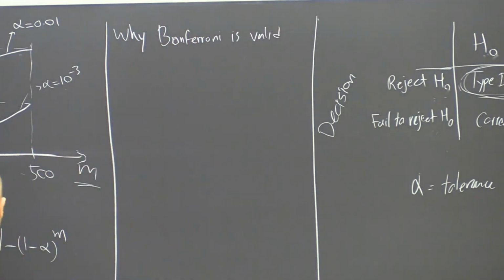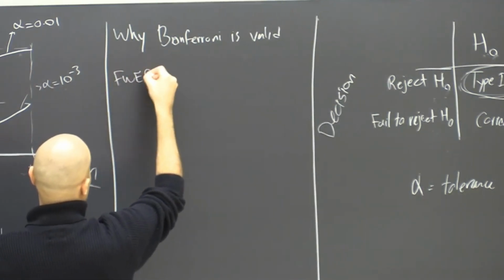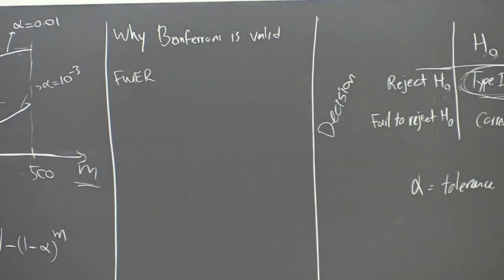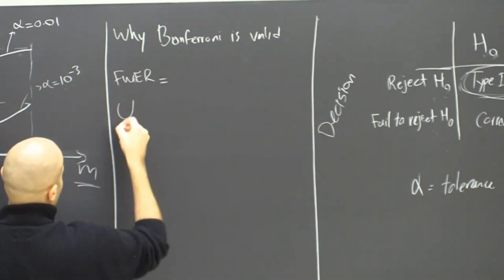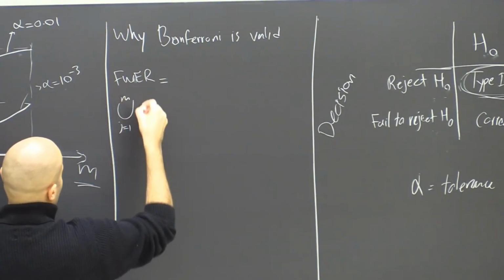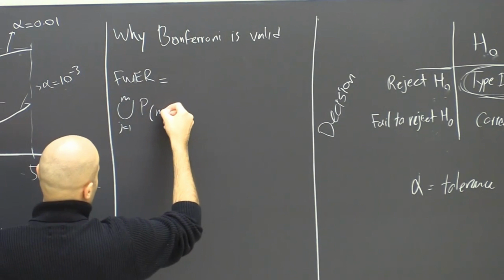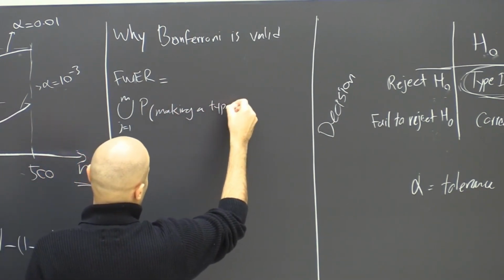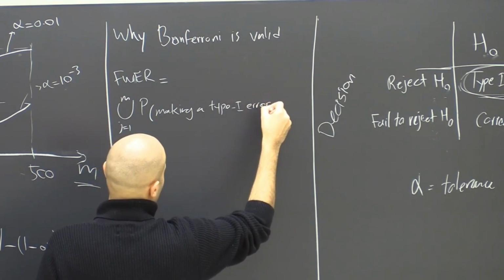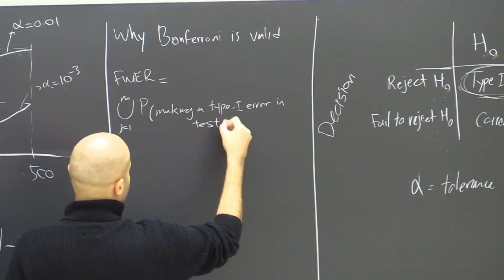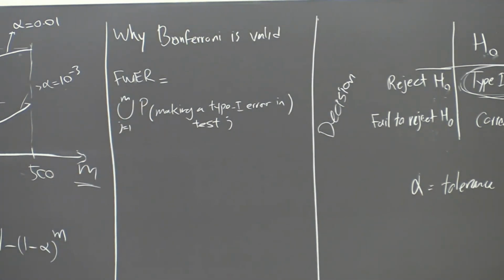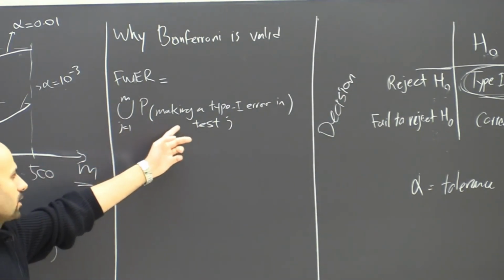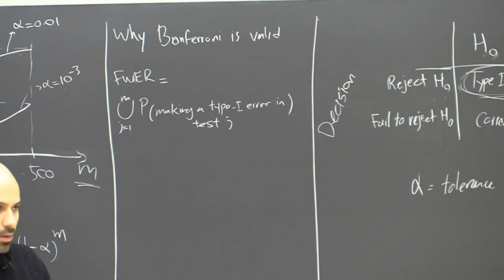Why is the Bonferroni correction valid? The family-wise error rate is the probability of making at least one type 1 error. So it's equal to the union of these events, making a type 1 error in test number J. If you are concerned about the probability of making at least one type 1 error when conducting m tests, that's equal to the union of making a type 1 error in test number 1 or test number 2, all the way to test number m.